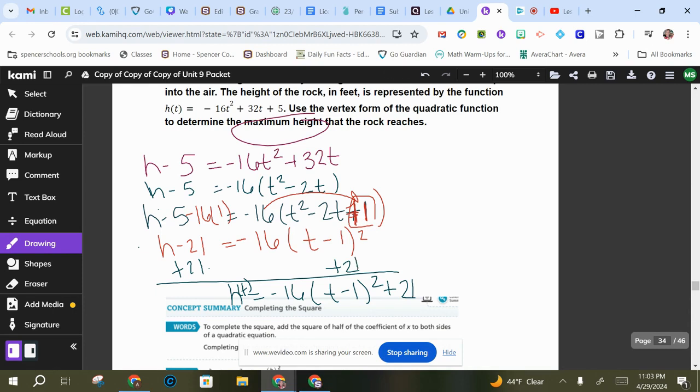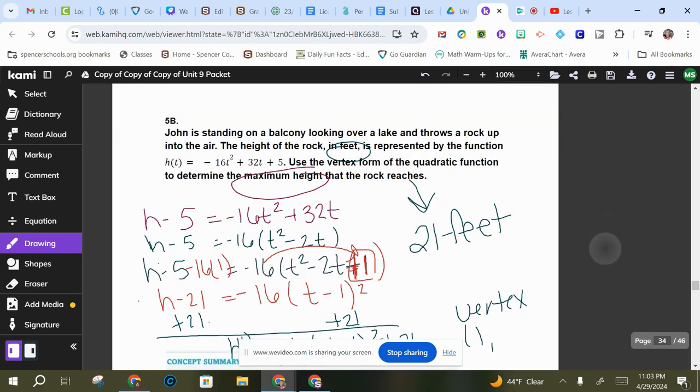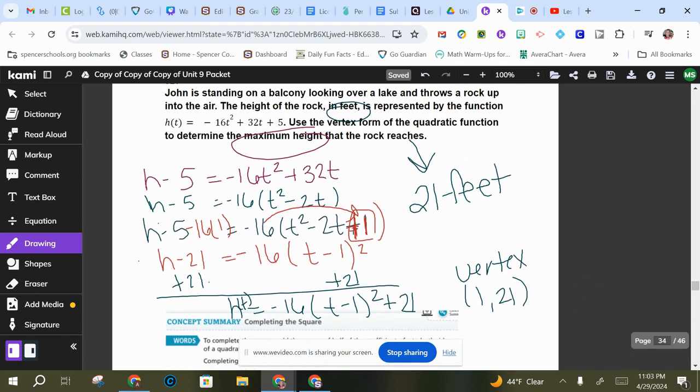Plus 21. So what's the max height? The max height that the rock reaches is 21, what are we in? Feet. You can see feet right here. 21 feet is my max height because my vertex is sitting here at 1. So after 1, I don't know if they told us, I assume second, the rock is 21 feet.